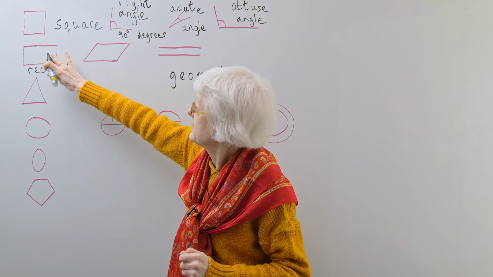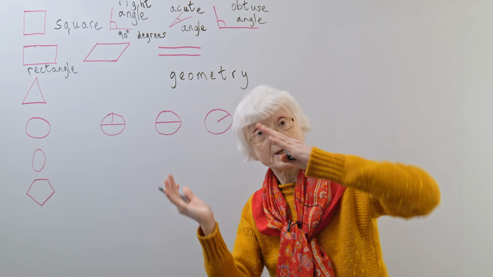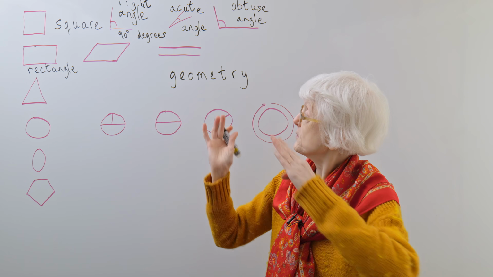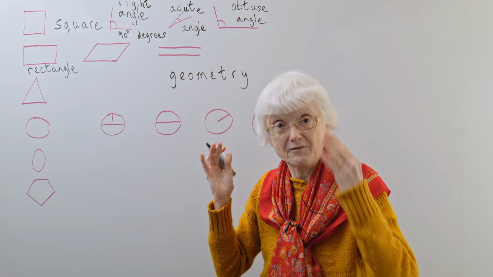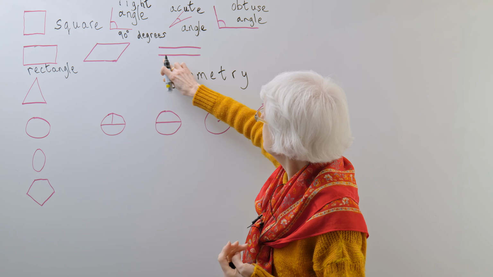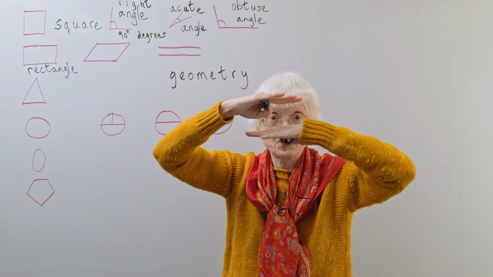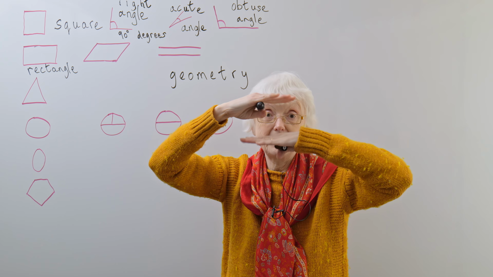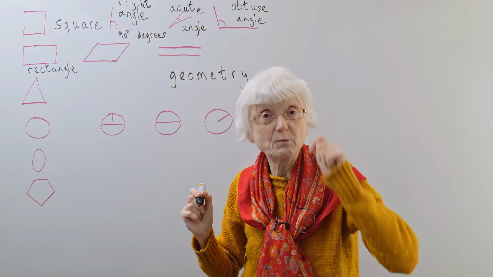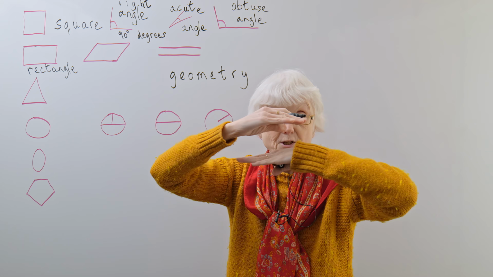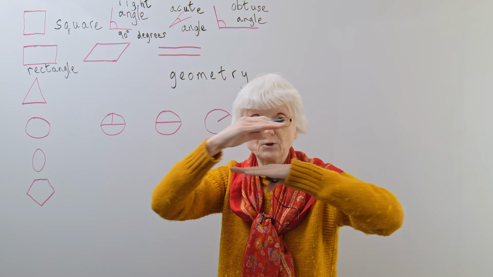So if that's a rectangle, this also looks like a rectangle, but it's leaning over. So that also has a very particular name. And I've drawn these two lines here because they're absolutely straight with each other. They're the equal distance apart. So I don't know if you know the word that describes that, when two lines are the same distance apart all the way along.